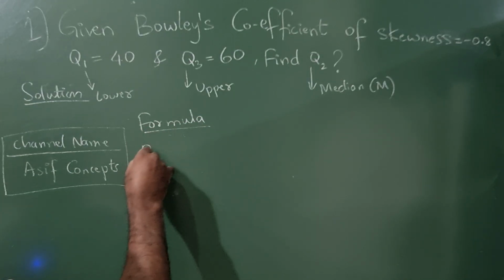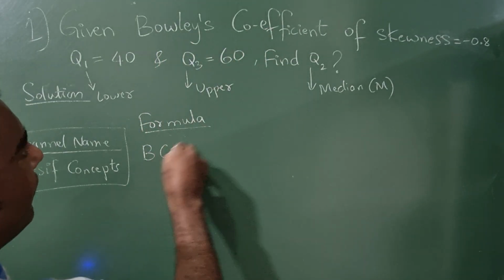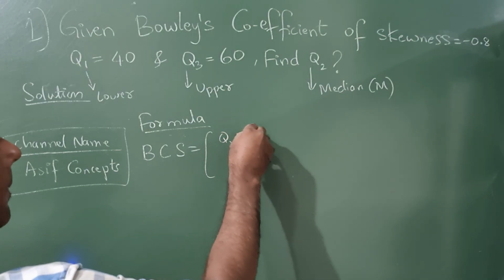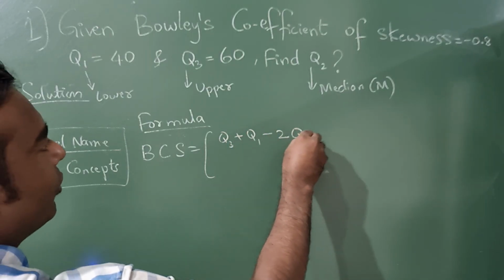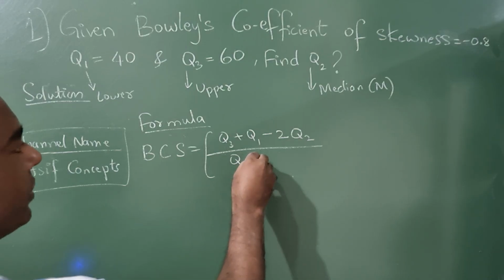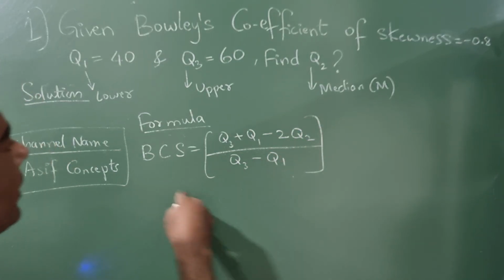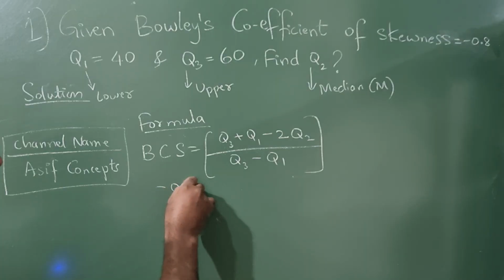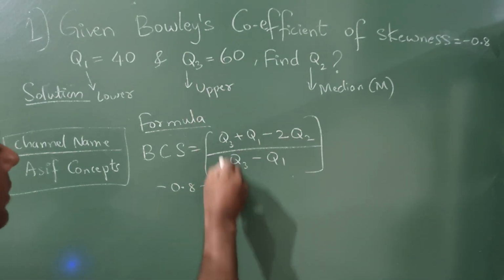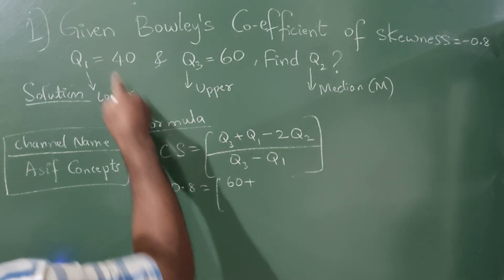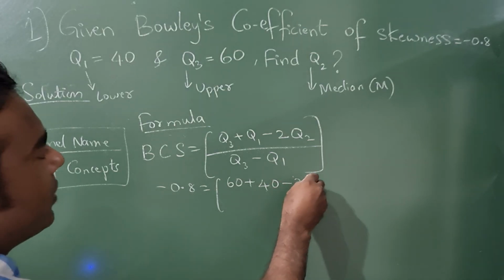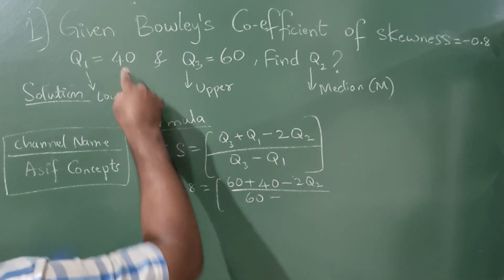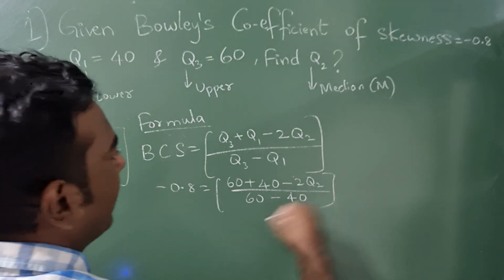Write Bowley's coefficient of skewness is equal to Q3 plus Q1 minus 2Q2 divided by Q3 minus Q1. Now what they have given? Minus 0.8. Q3 is 60, plus Q1 is 40, minus 2Q2, divided by 60 minus 40.